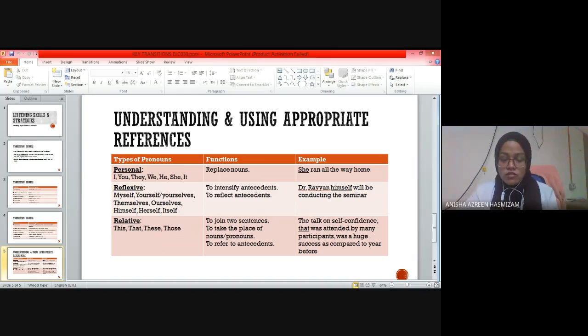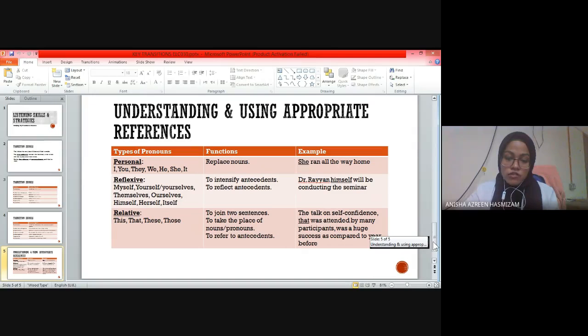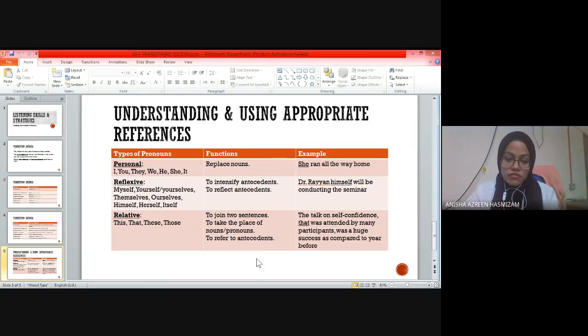Okay, so for this one, just download the slide, read on your own, and then after that I'll give you activity so that you'll be able to understand how to use it. Because for me to explain pun saya takut awak macam lagi confused nanti. Okay, I did try to explain a little bit, tapi I don't want to explain too much. I don't want you to be confused of its use.